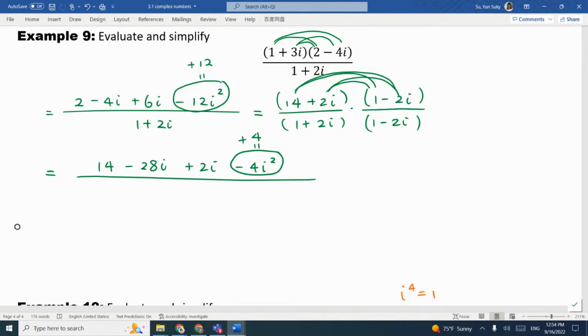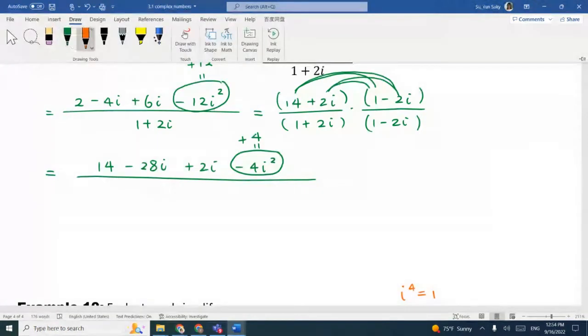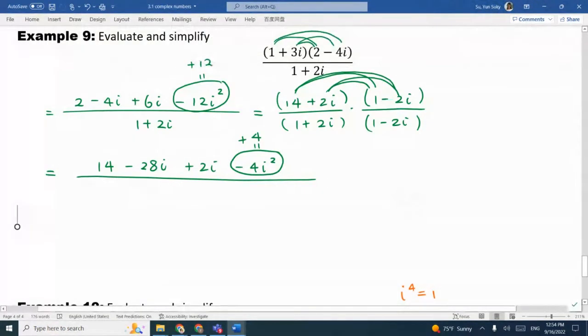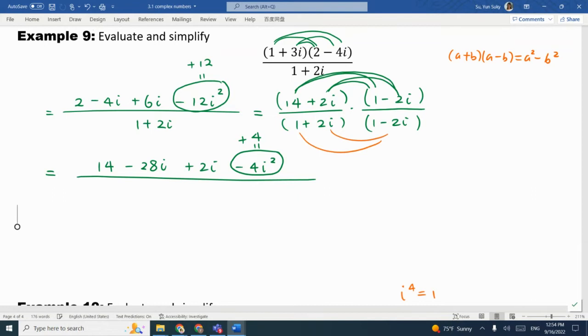And how about our denominator? Which way do you prefer? Do you prefer to use the formula a plus b times a minus b is a squared minus b squared? Or you prefer just multiply out? Multiply, okay, we can do that.